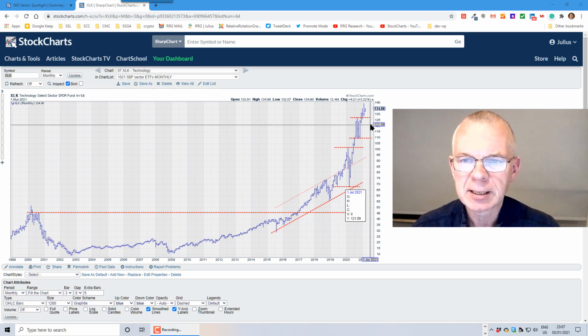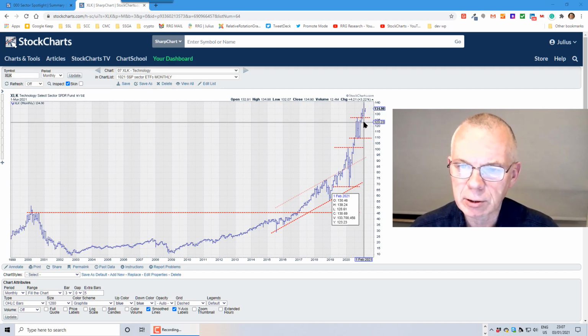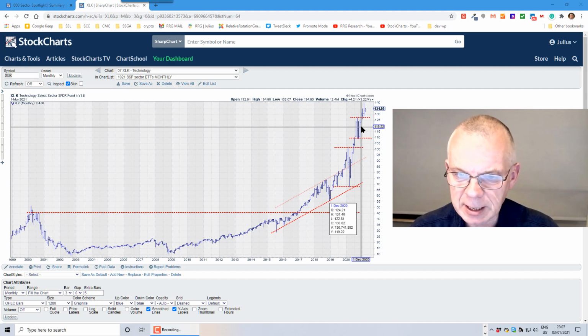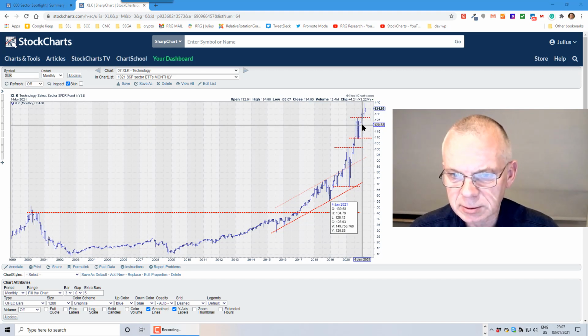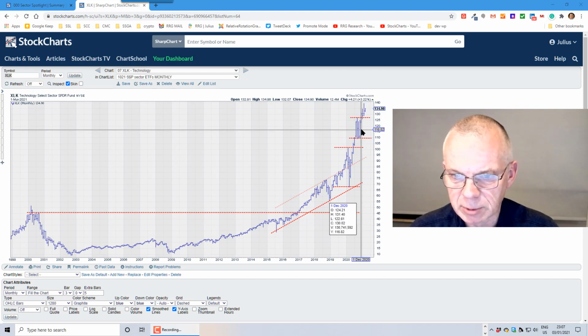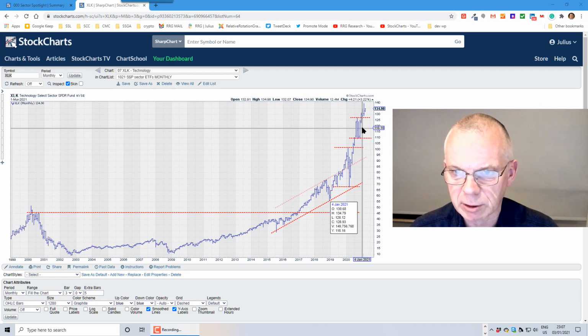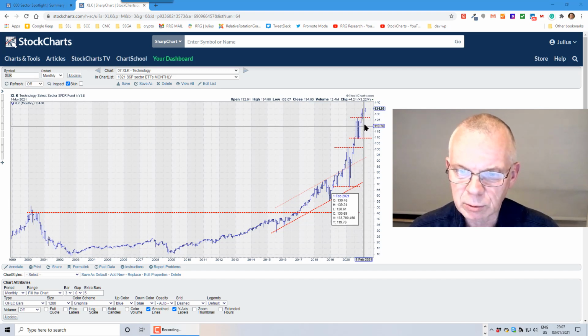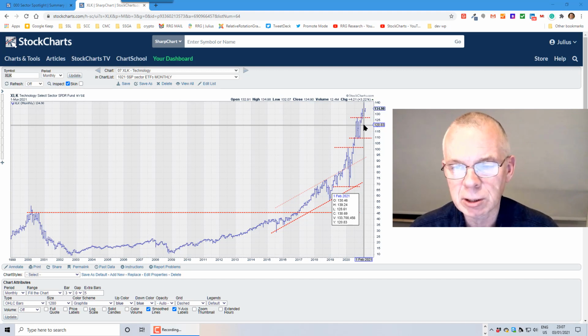As a matter of fact, it closed, let's have a look here. So the close for Feb was 130.69, and for January was, this is December. So December was 130.02, January 128. So actually it's a new closing high.